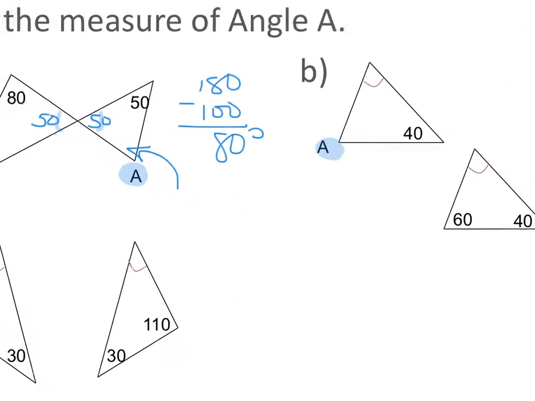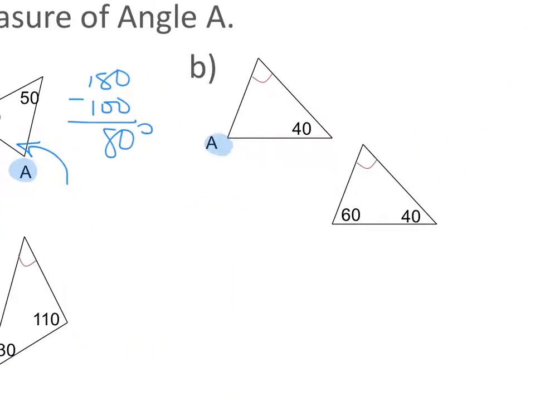Okay, next one, B. I have two triangles here. I can see that this angle is congruent to this one. So I'm going to try to figure out what this angle is. And I can add the 60 plus 40 and get 100. Subtract it from 180.